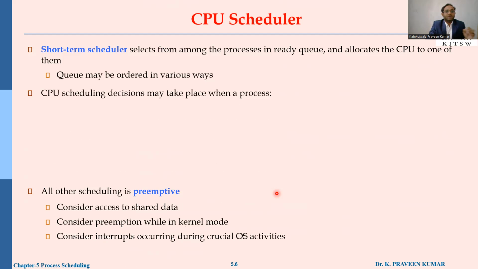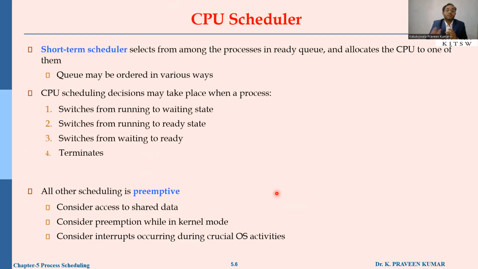CPU scheduling decisions may take place when a process switches from running state to waiting state, from running state to ready state, from waiting state to ready state, or when the process terminates. In all these cases CPU scheduling decisions may take place.